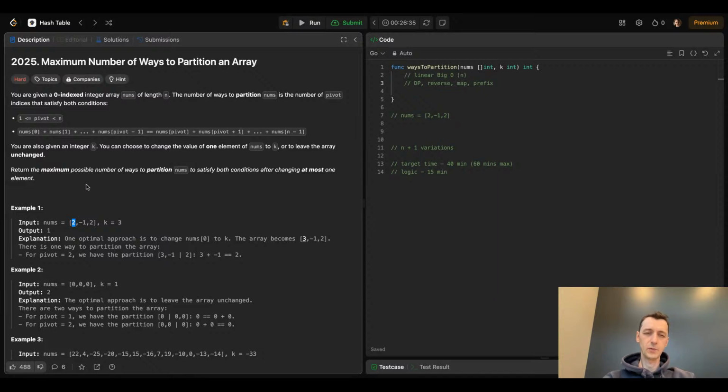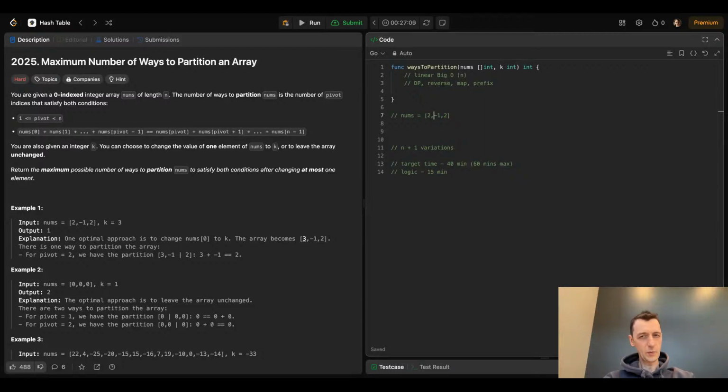Can we also include the combinations of when this value is changed, replaced by k? Like we'll look at 2, and we can replace any element by k.